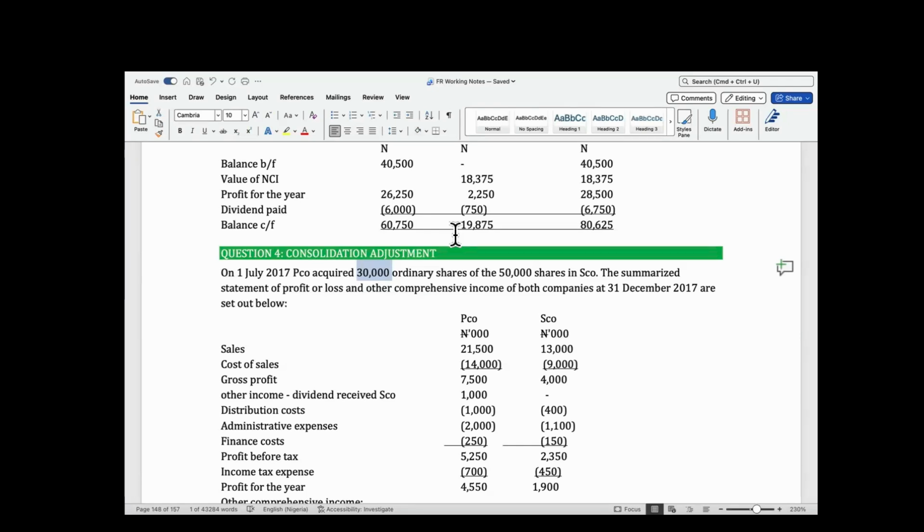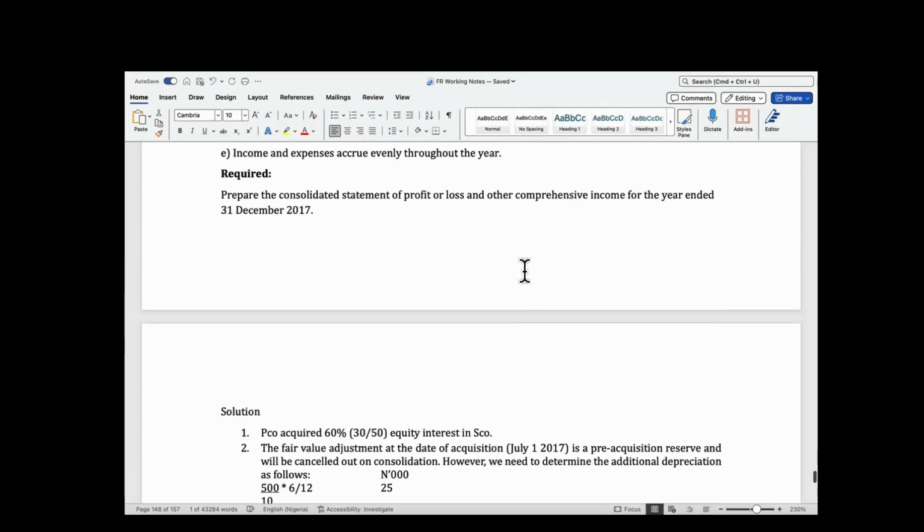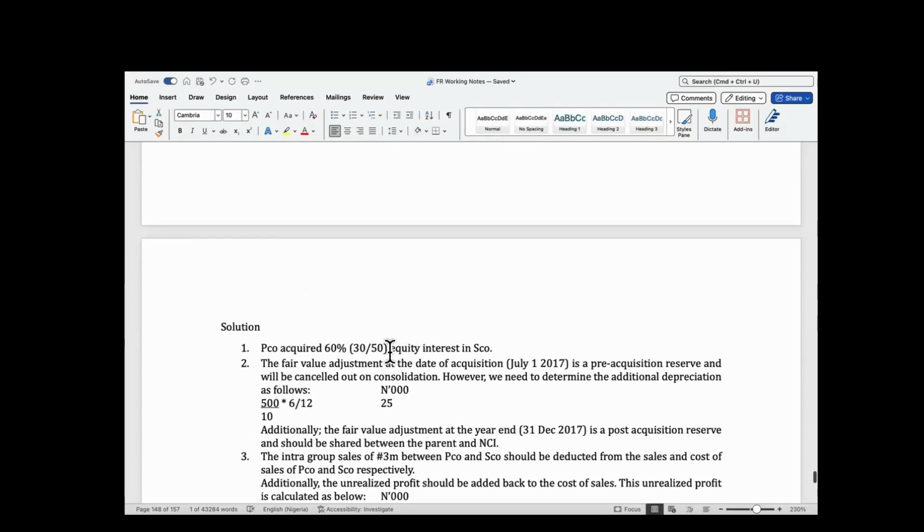They will always give you the number of shares, which they did. So 30 over 50, because we acquired 30 out of 50,000 shares. That brings us to 60% in ESCO.